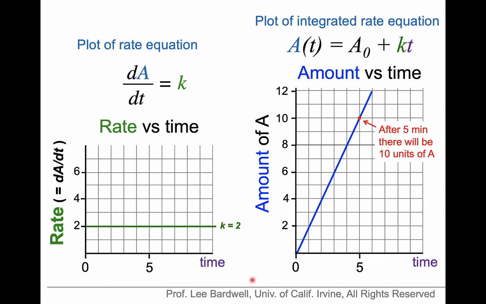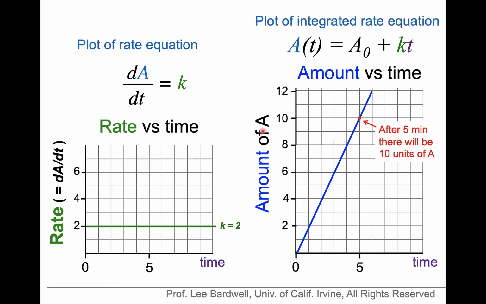Here's a plot of the integrated rate equation, assuming that A0 equals 0. The amount at time 0 of this species A is 0. And we're again going to let K equal 2, which is why the slope of this line is 2. A plot of the integrated rate equation is a plot of amount versus time.